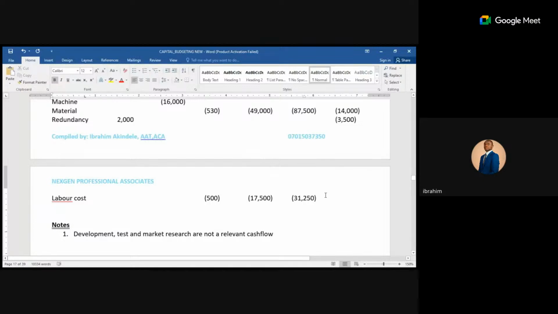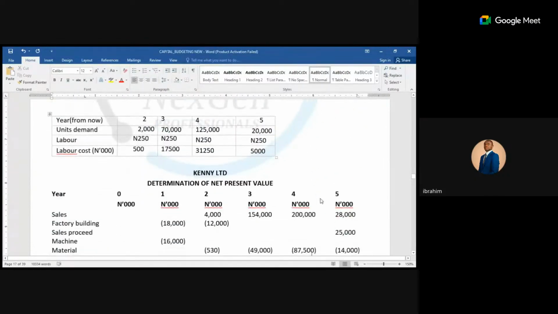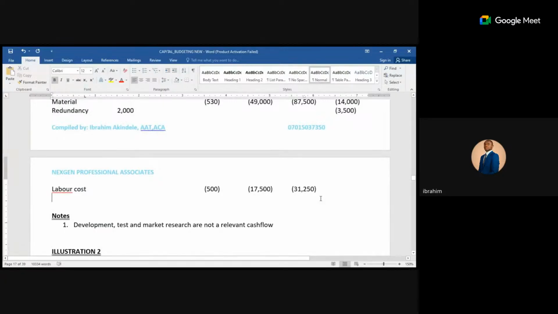So this is year 2, year 3, year 4. Do we have for year 5? Is it up to year 5? Okay, 500, right? Is it 500 or 5,000? 5,000.